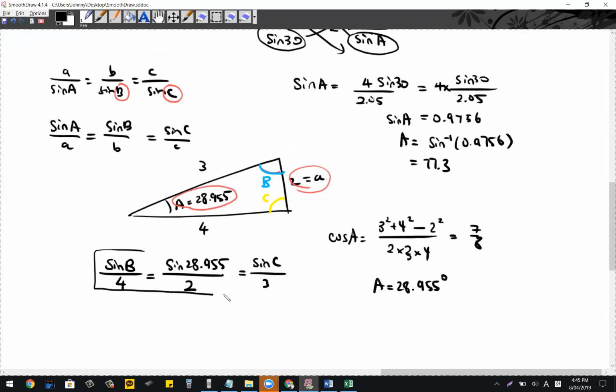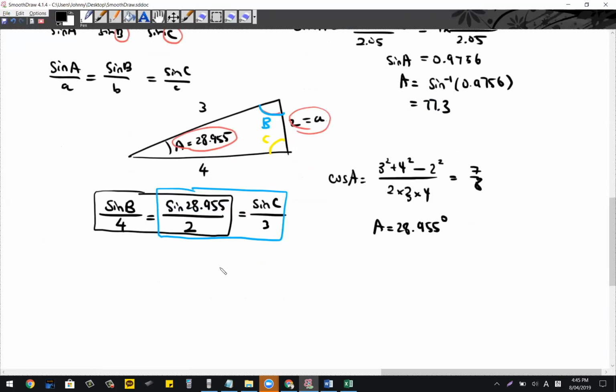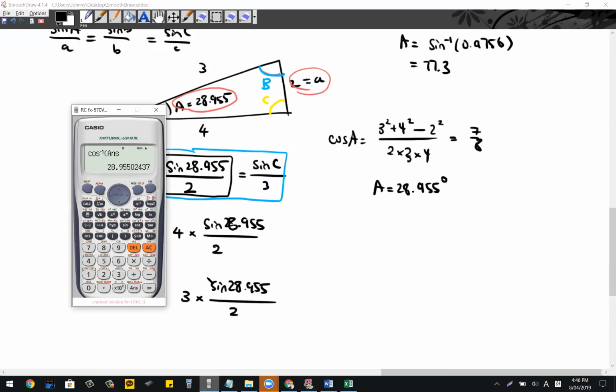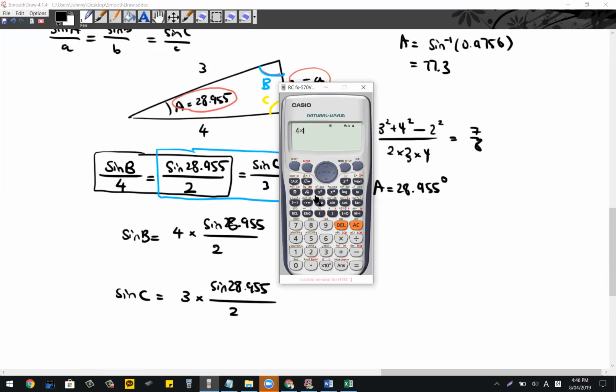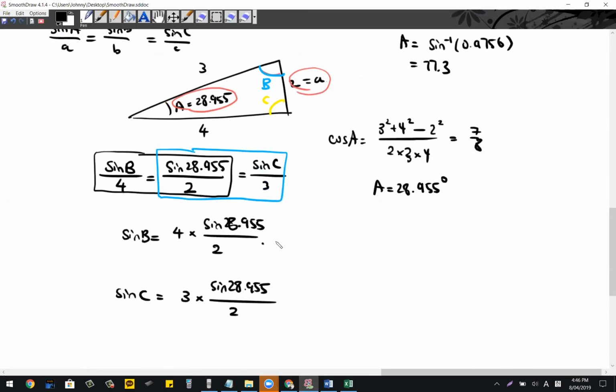So you can use this to figure out B, and this to figure out C. So sine B is equal to 4 times sine 28.955 over 2, and sine C equals 3 times sine 28.955 over 2. You know what to do from here, right? So 4 times sine 28.955 over 2, and then inverse sine of the answer: 75.52. That's B.